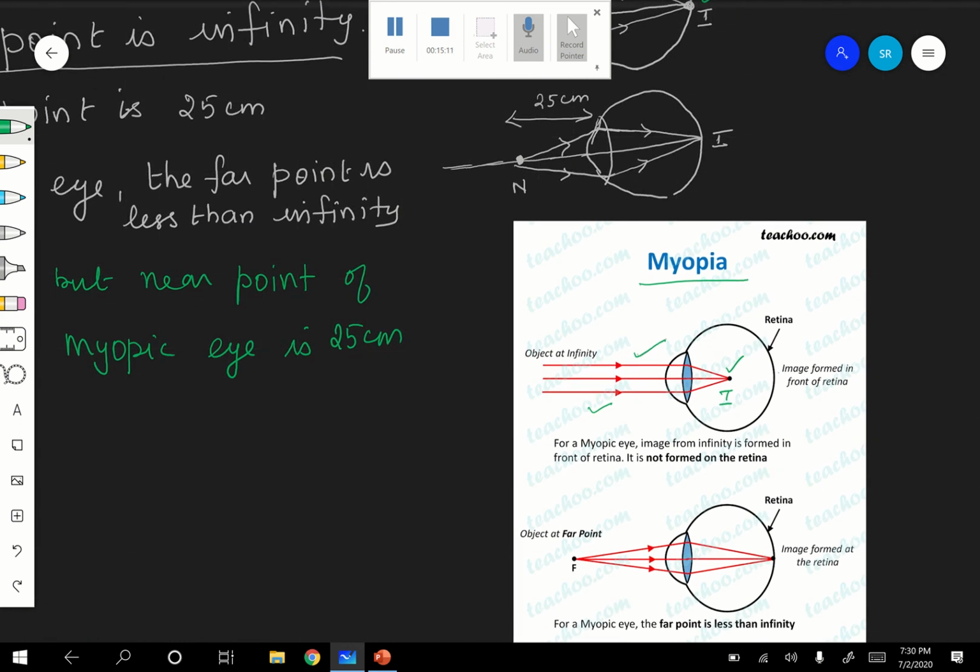But its far point is less than infinity, so you are bringing the object from infinity to this point, the object at far point.